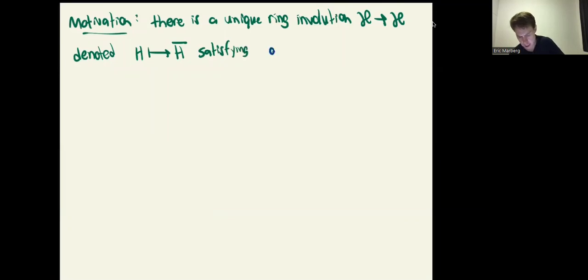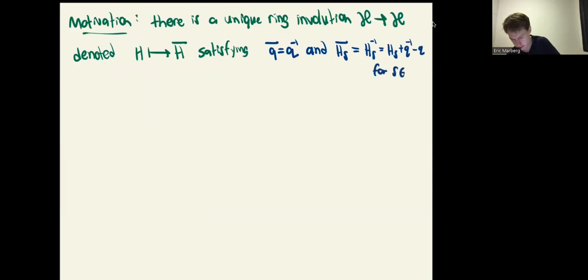So one, it changes the scalar Q into Q inverse, and it changes the generator H_S into H_S inverse, which is just H_S plus Q inverse minus Q, for S in S. Okay, so showing that there exists this ring involution is relatively elementary.